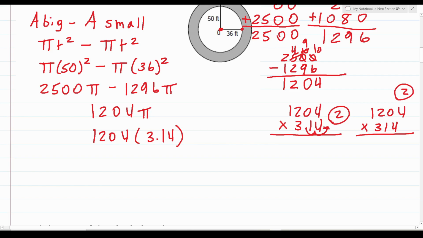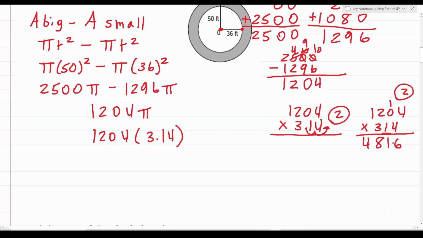All right, so let's go ahead and take our time as we do this. This is a lot of work here. 4 times 4 is 16. Carry a 1. 4 times 0 is 0, plus 1 is 1. 4 times 2 is 8. 4 times 1 is 4.